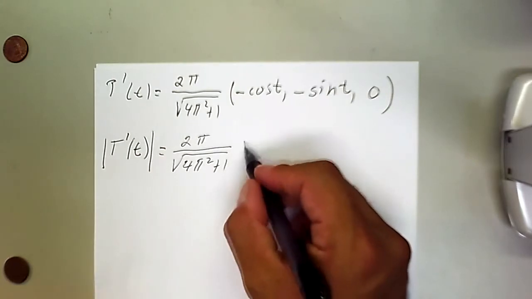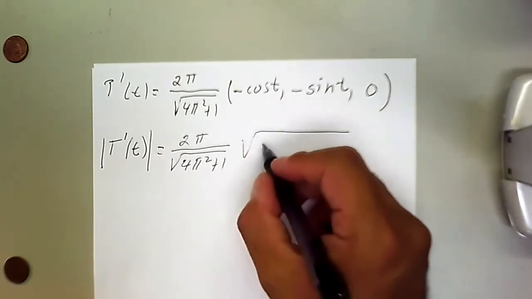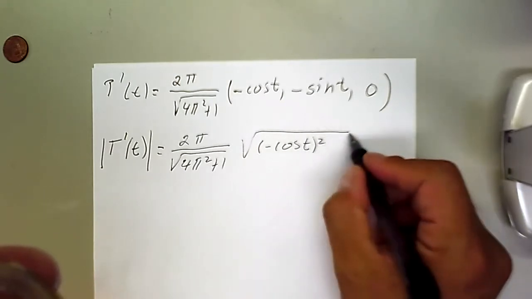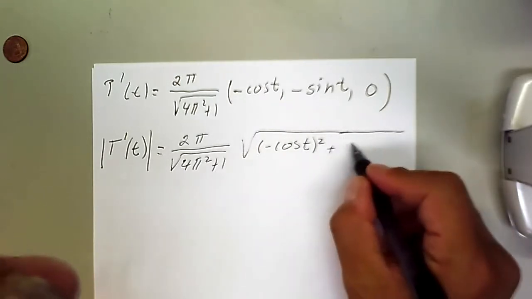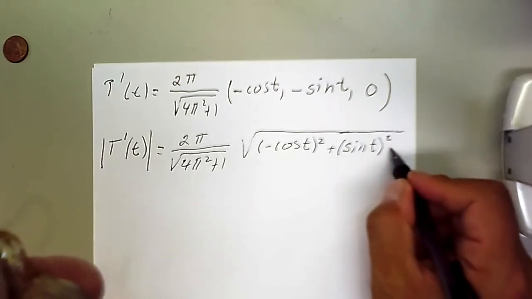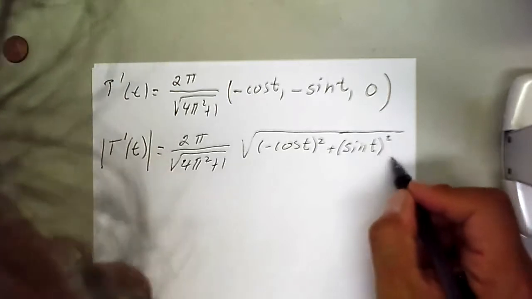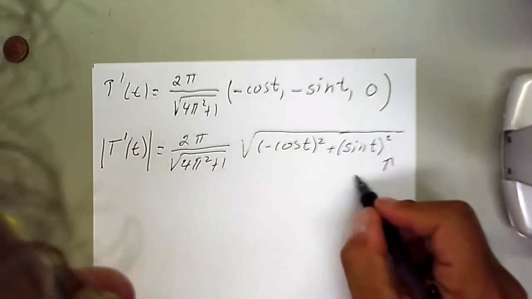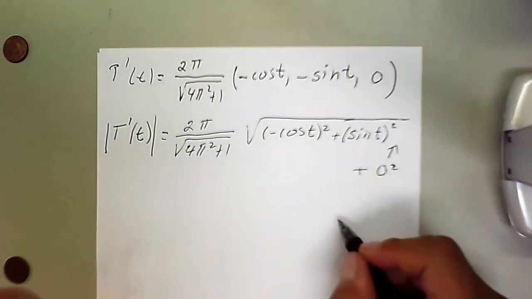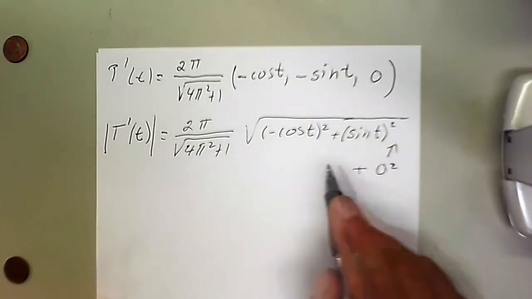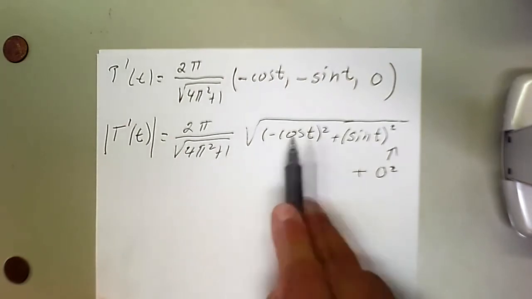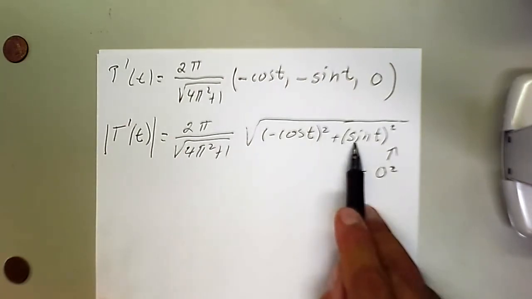And then we take the magnitude of this vector, negative cosine t squared plus sine t squared plus 0 squared, inside the root. Of course, that is going to be cosine squared after we square because the negative vanishes. So that's in here.